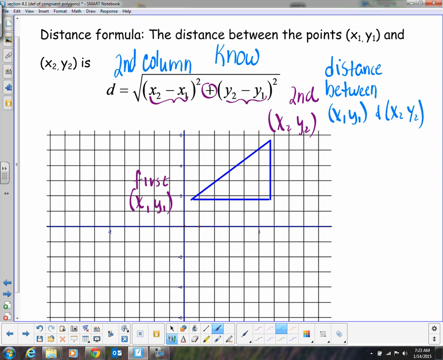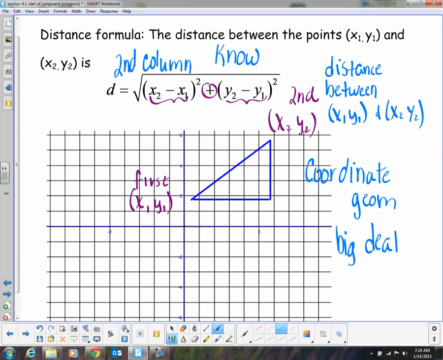And you're going to be using this for the rest of the semester. They call this coordinate geometry because we are using geometric figures on a coordinate plane. And this is a big deal. You're going to see a lot of this on the test.